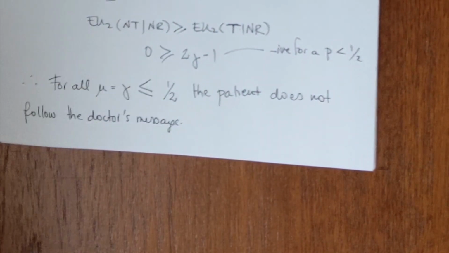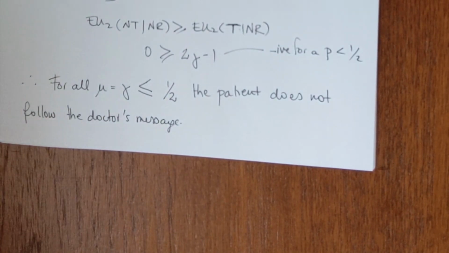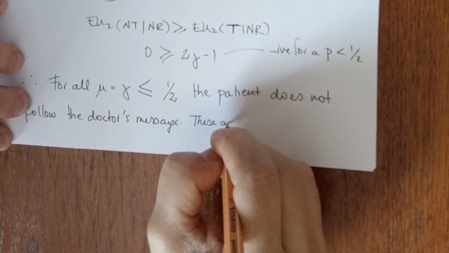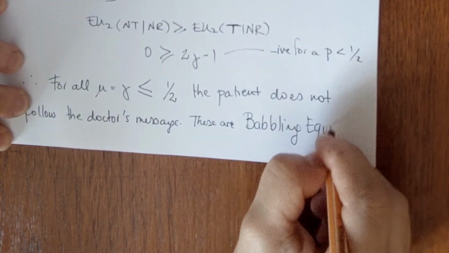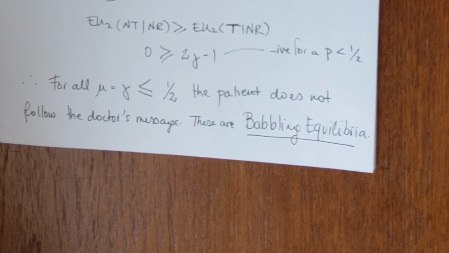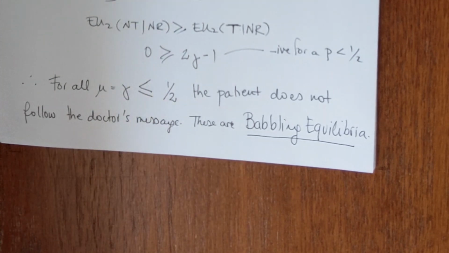These equilibria, in which the recommendation of the doctor, player 1's signal, is ignored, are called babbling equilibria. These are babbling equilibria. Why? Because it's as if whatever the doctor says is just inane babble.